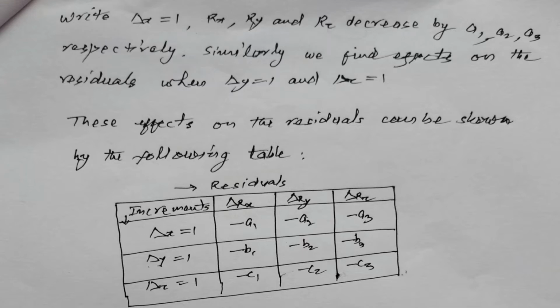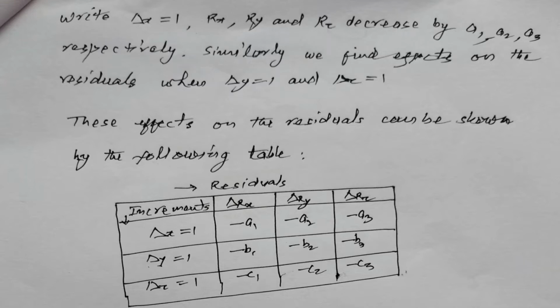Similarly, we find the effects on the residuals when delta y equal to 1 and delta z equal to 1. These effects on the residuals can be shown by the following table. First column increments, second column delta Rx, third column delta Ry, and fourth column delta Rz.